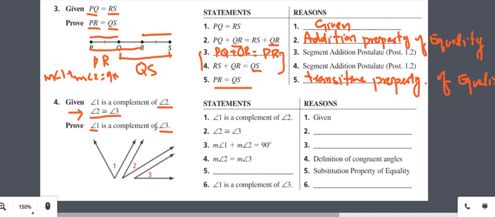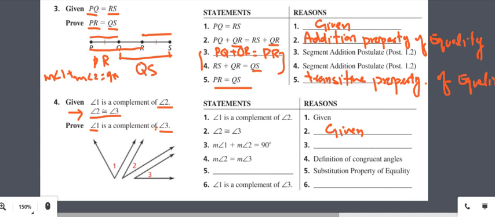First, angle 1 is a complement of angle 2, it is given to us. Then again, angle 2 is congruent to angle 3, it is also given to us. Then we said that measure angle 1 plus measure angle 2, their sum is 90 degrees. How can we say that?